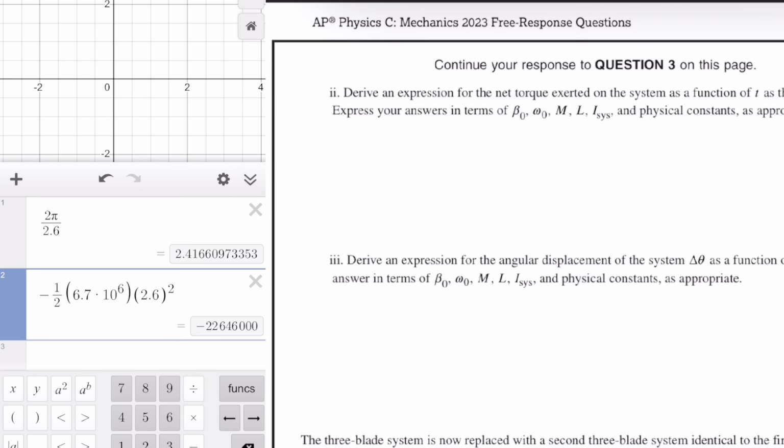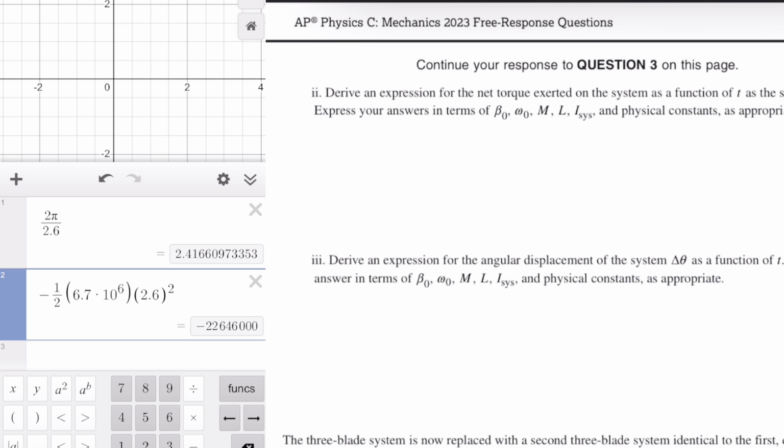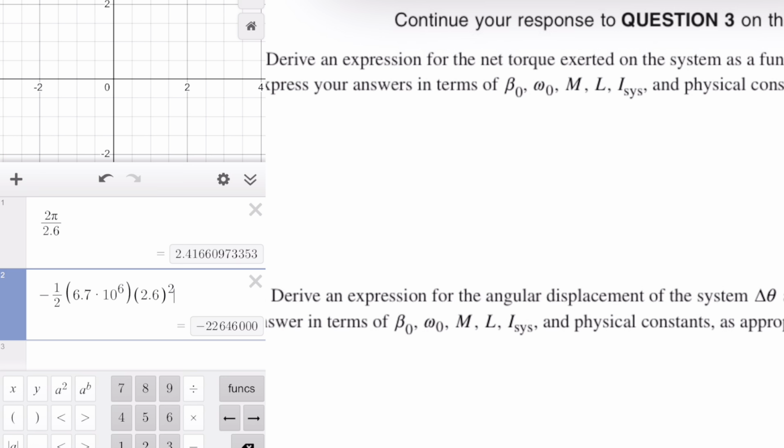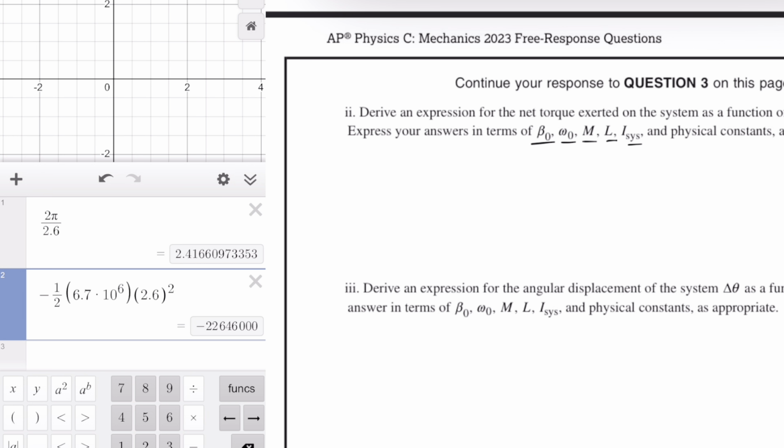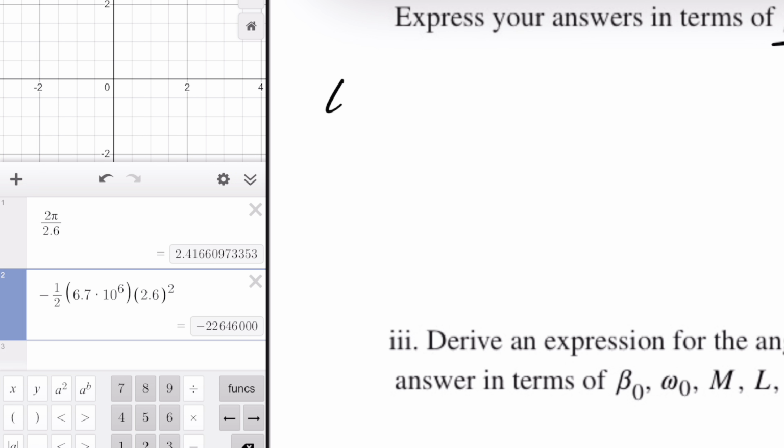Let's move on. Derive an expression for the net torque exerted on the system as a function of time as the system slows down. Express your answers in terms of B naught, W naught, M, L, and I system, and physical constants as appropriate. So the net torque, from Newton's second law in rotational form, is equal to I alpha. You may be asking, why don't you use R cross F?